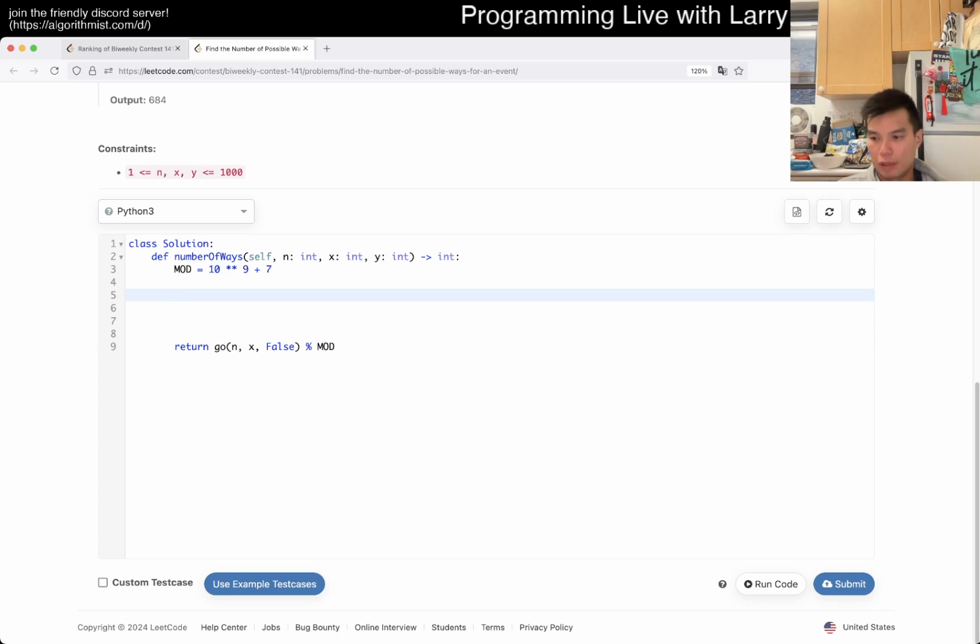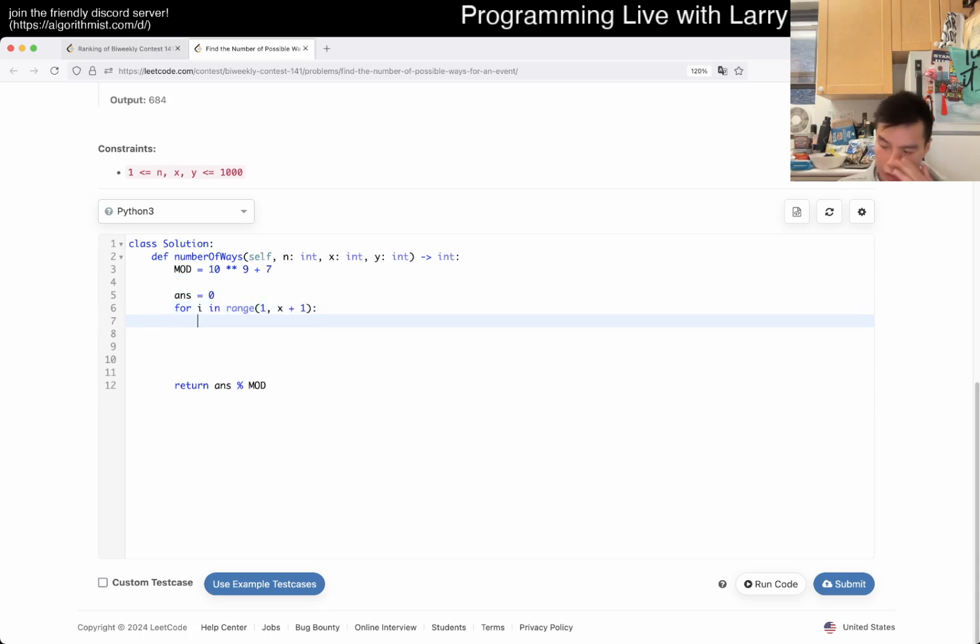N people, X groups, X stages. So then now we have for I in range of X. Let's just find out what I can and then we'll figure it out. Right, and then now it is X choose I for the number of stages. Permutation. Yeah. X choose I.